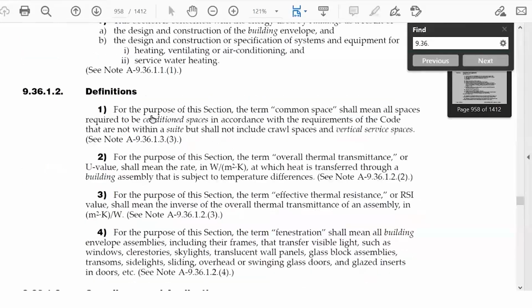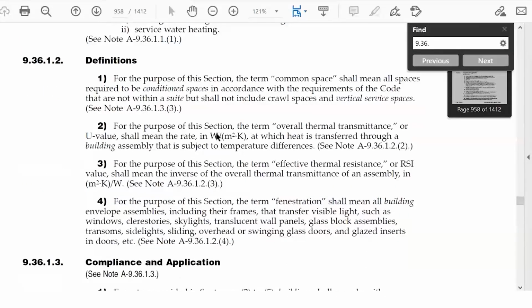You've got certain definitions here under the sections for thermal common space, overall thermal transmittance, effective thermal resistance (RSI), and what the term fenestration means.